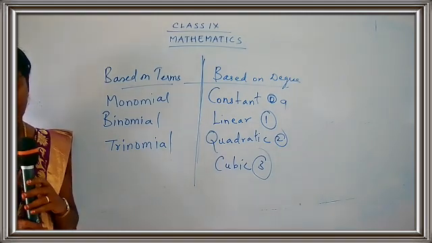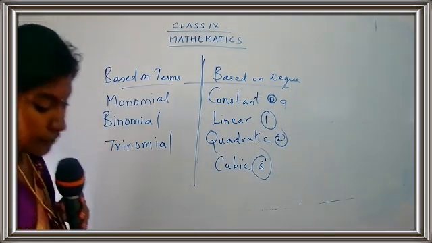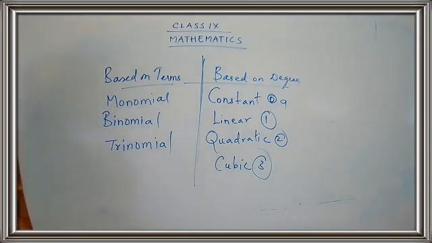Okay, let us do sum number 1. Read the question. Which of the following expressions are polynomials? If not, give reason, write down properly. Write out the first subpart: 1 upon x square plus 3x minus 4.